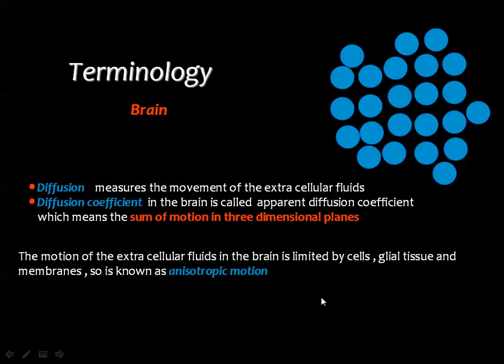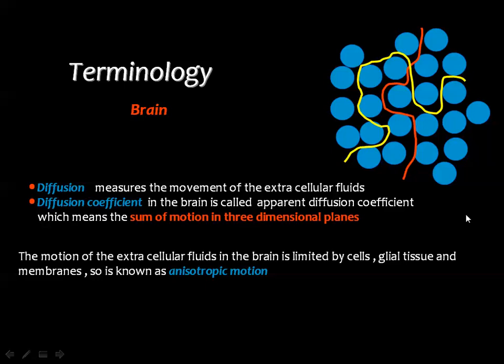You know that the brain tissue is formed of cells and the extracellular space which contains water or fluids. The aim of the diffusion weighted images is to measure the movement of extracellular fluid, the movement of the fluids in between the cells.